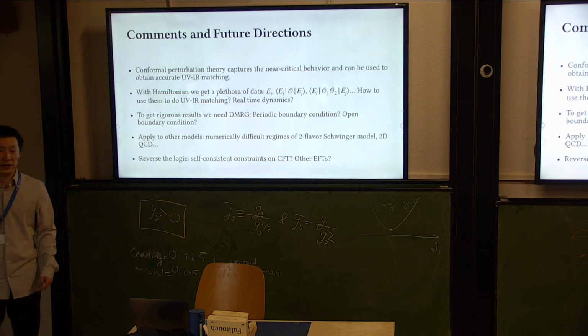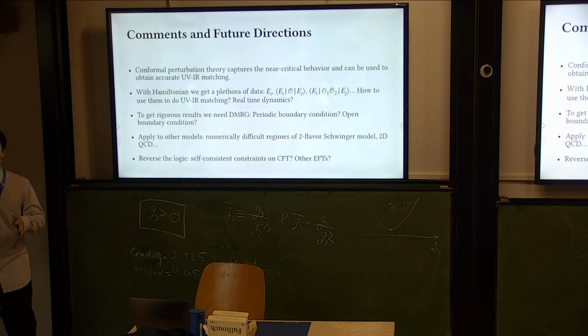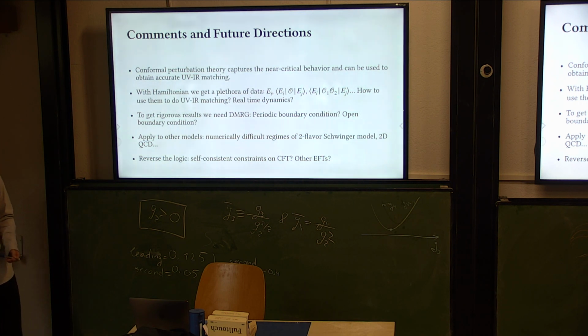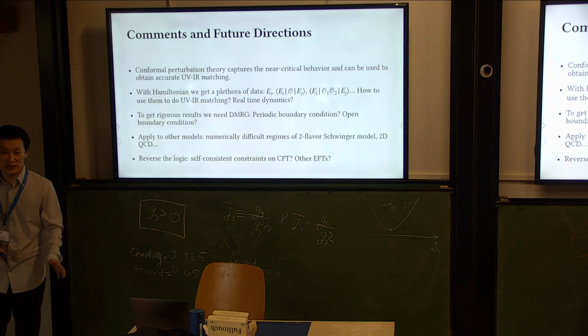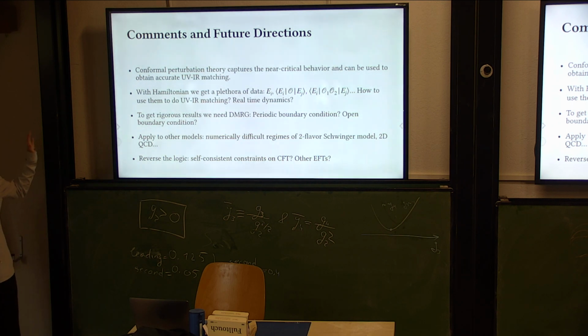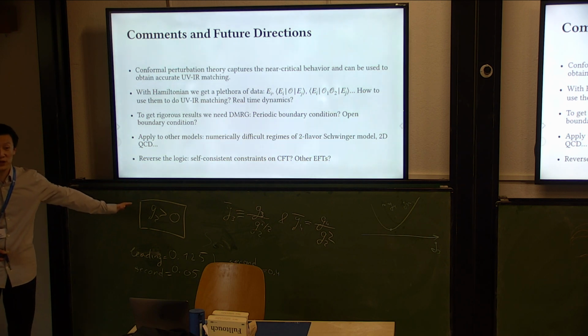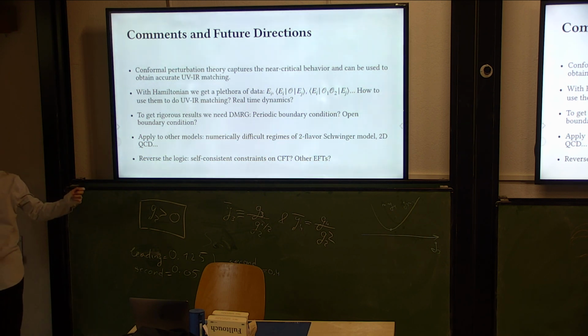Right now, we're at this stage of just building up the tools and doing a lot of the technical work to set things up. But there's one conceptual question we can ask, which is: which one is better, periodic boundary condition or open boundary condition? This whole thing that I discussed is done in periodic boundary condition because we want to preserve rotation symmetry.